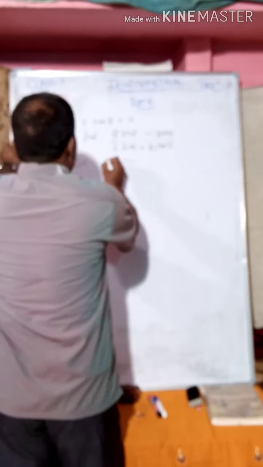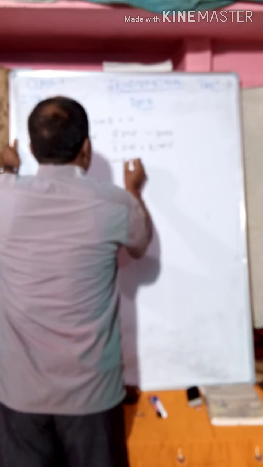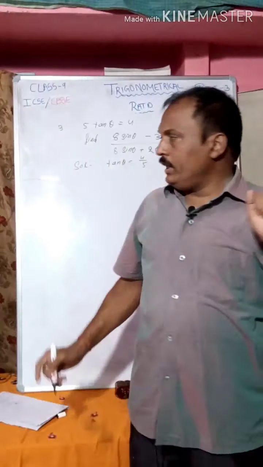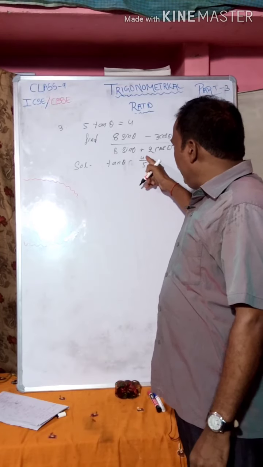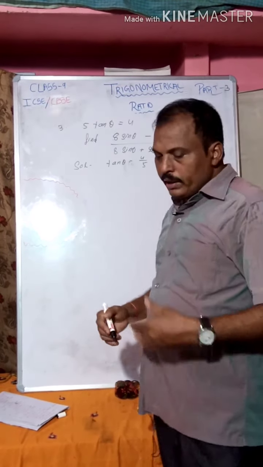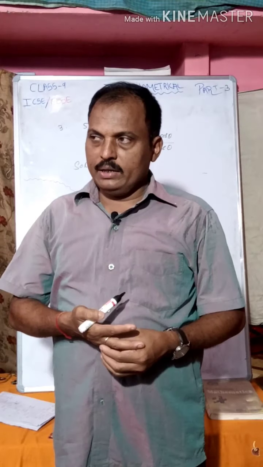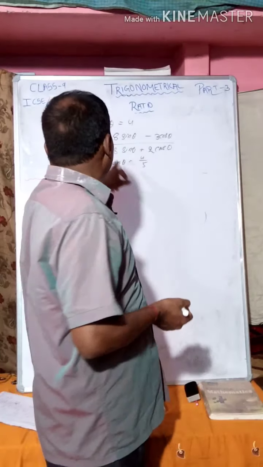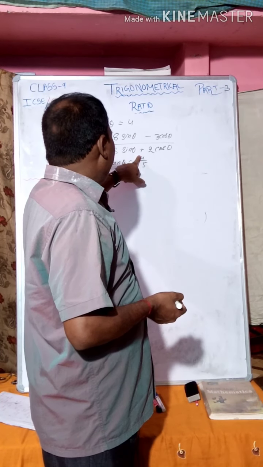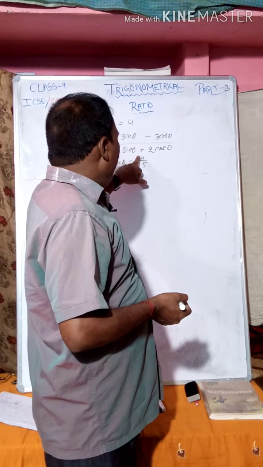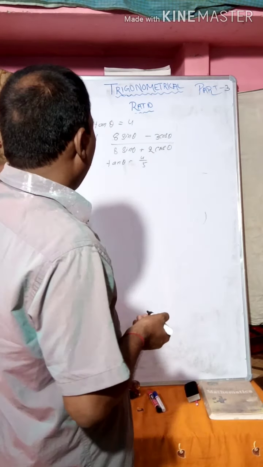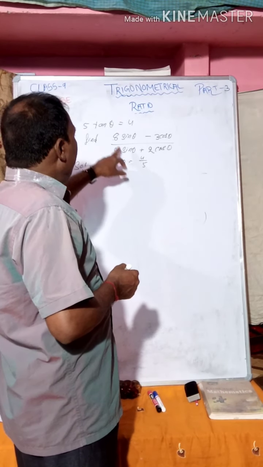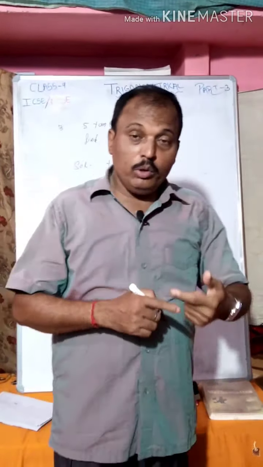So tan theta is equal to 4 upon 5. We know that tan theta is equal to p by b. It is p, it is b. So we can find out the h. Otherwise what we will do?